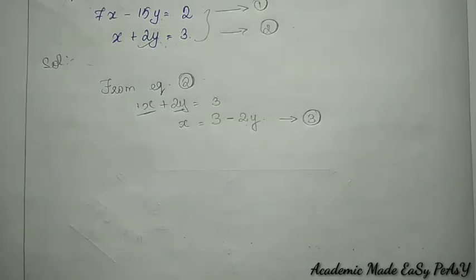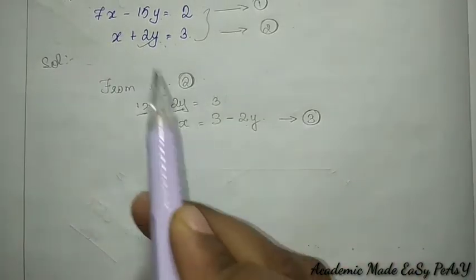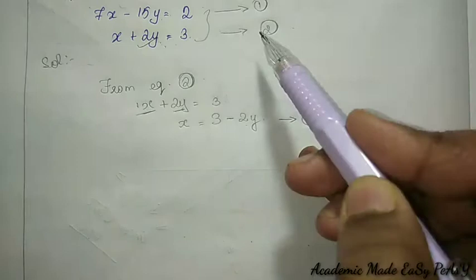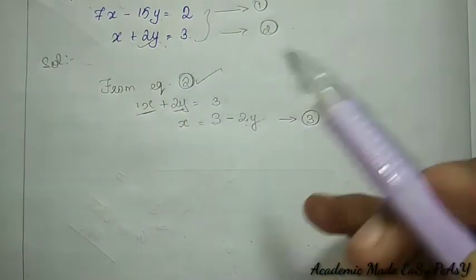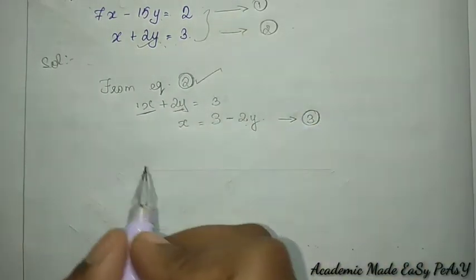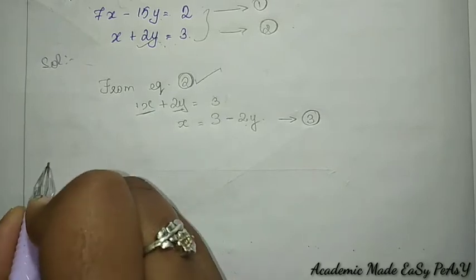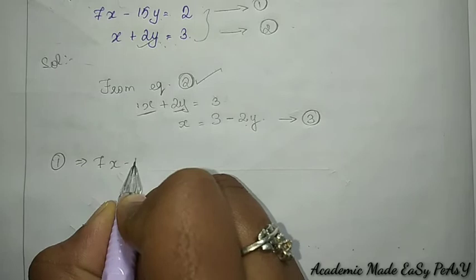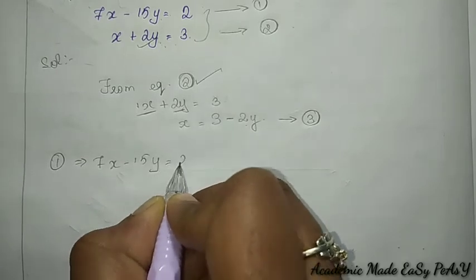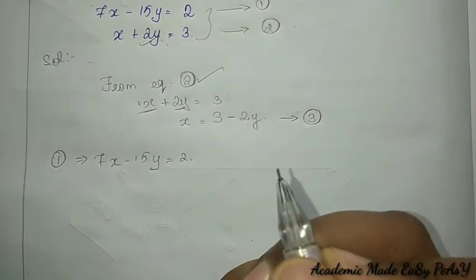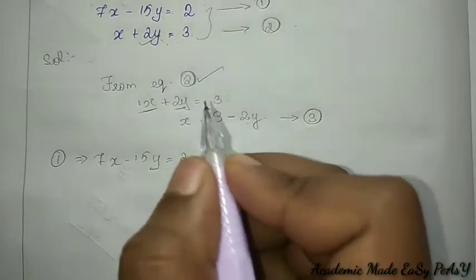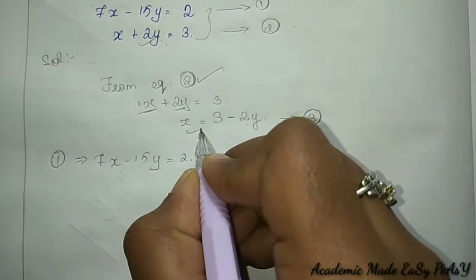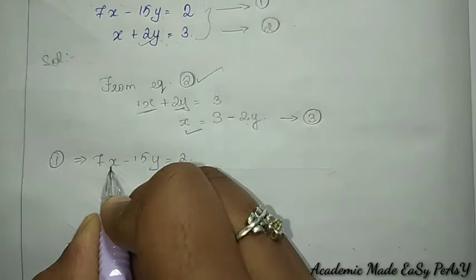Now I will take my other equation. Equation 2 I used already, so I will be taking my equation 1: 7x minus 15y is equal to 2. In the next step, I will be substituting the value of x over here.